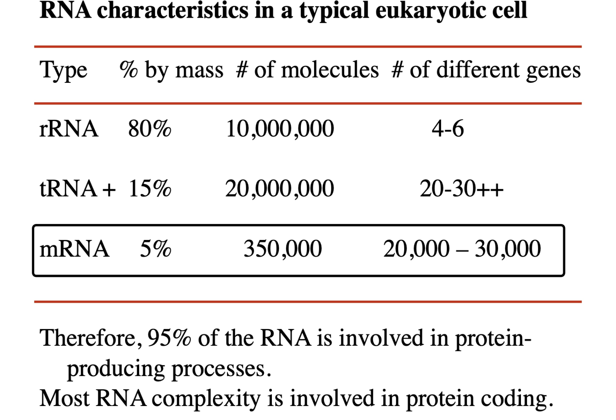So then you finally get to the mRNAs, which make up about 5% of the total RNA by mass, and only about 350,000 mRNAs in a eukaryote, probably in the thousands or tens of thousands in a bacterium.